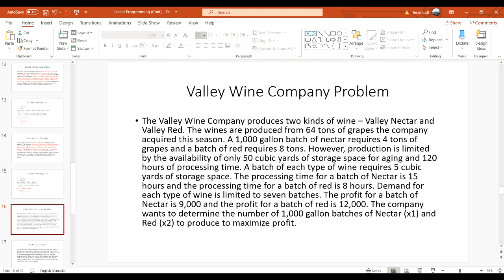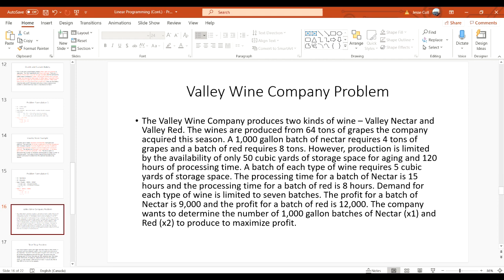A batch of each type of wine requires 5 cubic yards of storage space. The processing time for a batch of nectar is 15 hours, and the processing time for a batch of red is 8 hours. Demand for each type of wine is limited to 7 batches. The profit for a batch of nectar is 9,000, and the profit for a batch of red is 12,000.